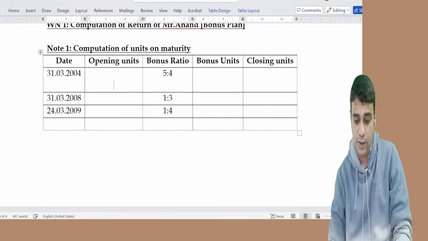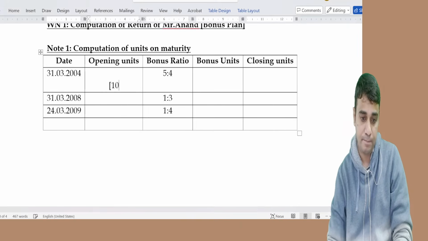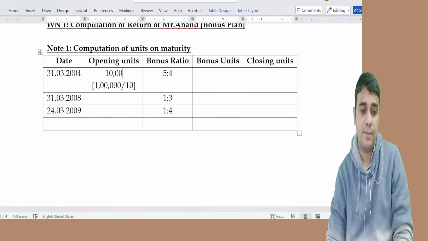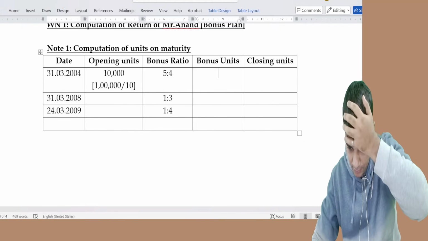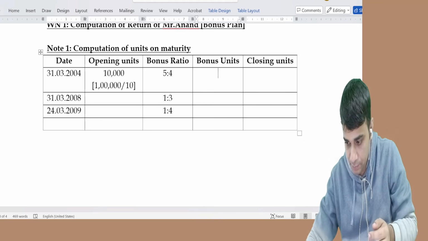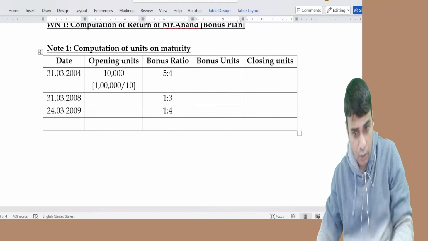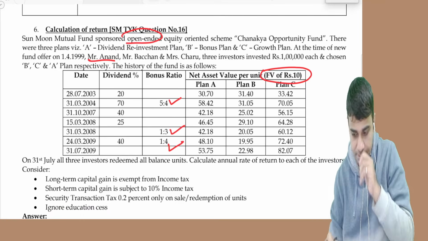So opening units is 1 lakh divided by 10. This is my start. My start is 10,000. Is this an assumption? 10 rupees is the face value. Yes, correct, the face value of rupees 10 is given in the question.